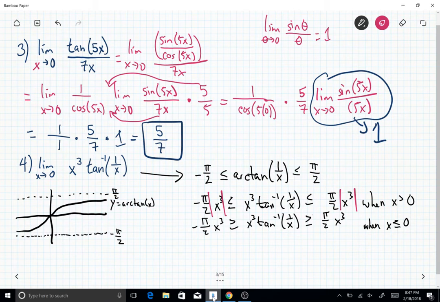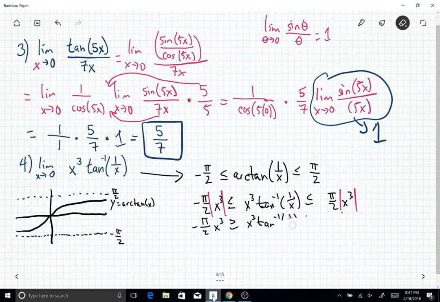So we always have a negative on this outer end, and on the right hand side we'll always have a positive on that end. So we don't have to worry about these cases as long as we put absolute value. Now if I had something like an x to the 4th or an x to some even power, I wouldn't have to do these extra cases, but there's an easy way to fix this.